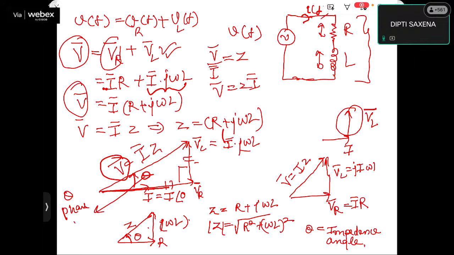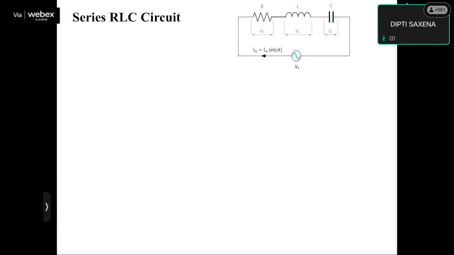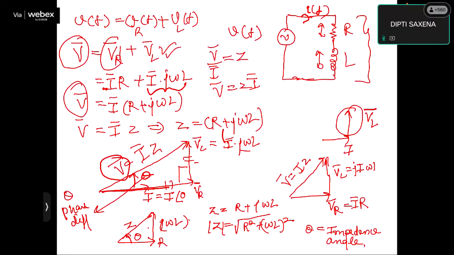How do you calculate this theta? If you look at the impedance triangle, you will get tan theta is equal to omega L by R, or theta is equal to tan inverse omega L by R. So in this way you can find it.